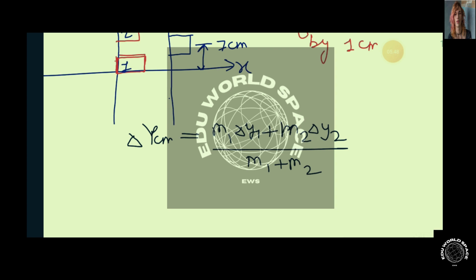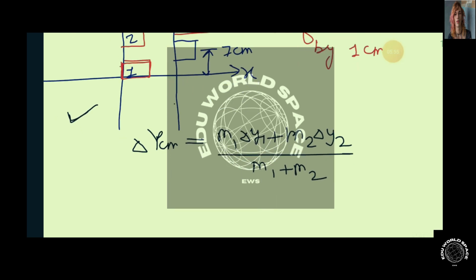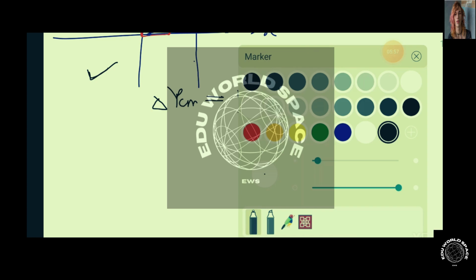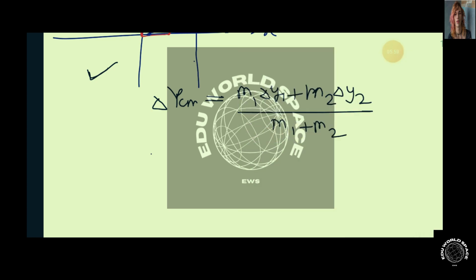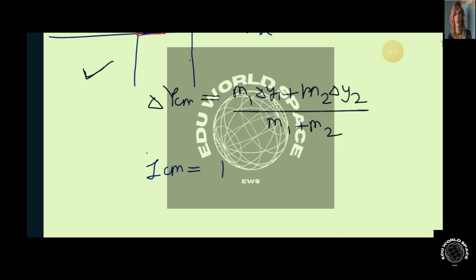After looking at this figure, delta ycm is given in the question as the change in position of the center of mass, which is 1 centimeter. That will be equal to m1, which is 10 kg, multiplied by delta y1.